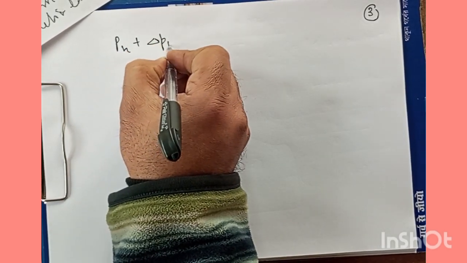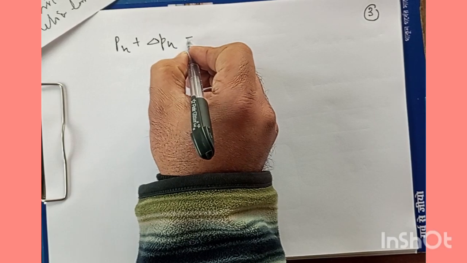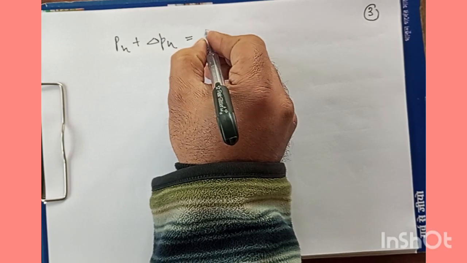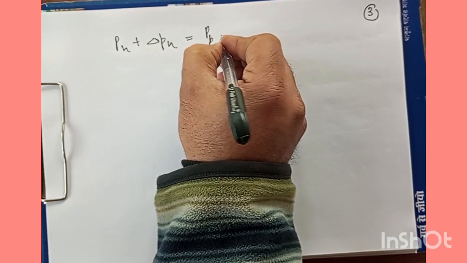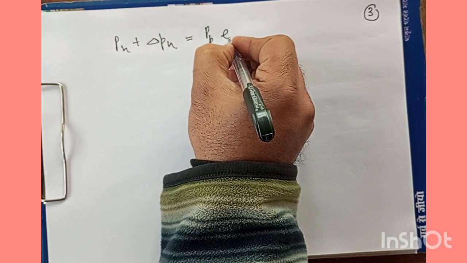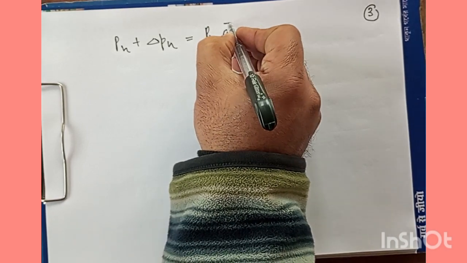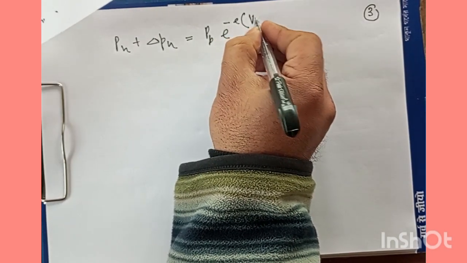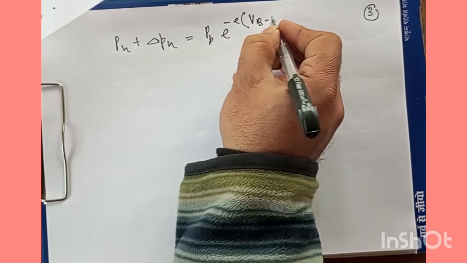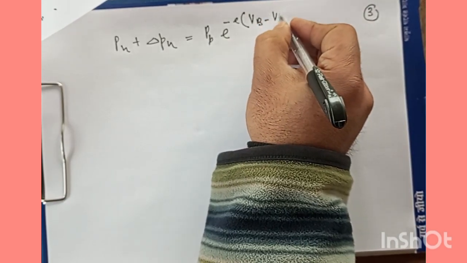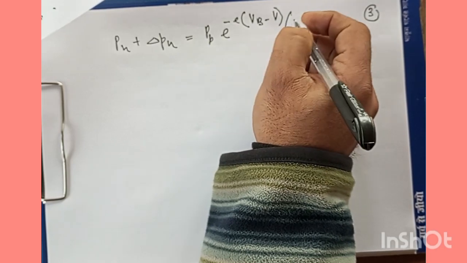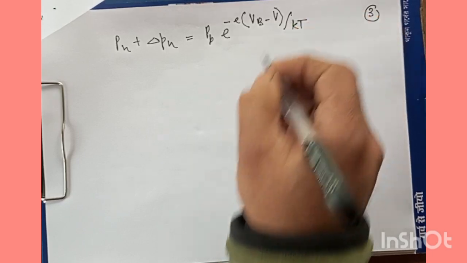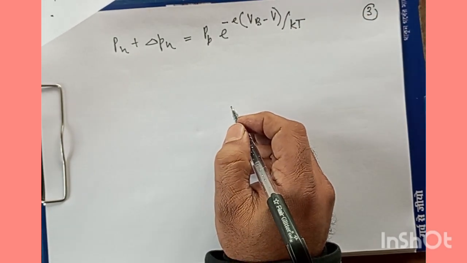I would like to introduce this change, and this will be equal to P of P times e to the power of minus e times (VB minus V) divided by KBT. Here K is Boltzmann's constant and T is the temperature.